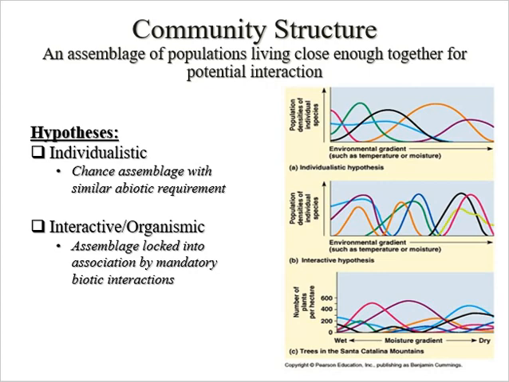In an open community, because of these arbitrary limits and the lack of distinct boundaries, the distribution of species across the environmental gradient of that community occurs at random with respect to other species.